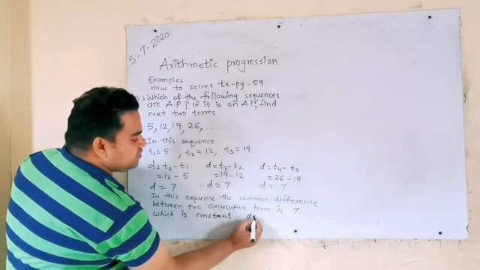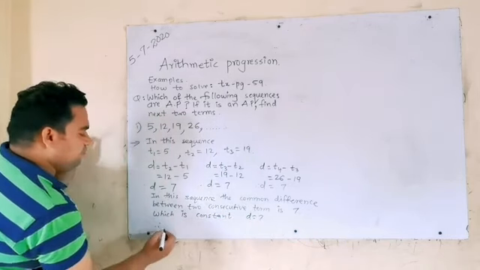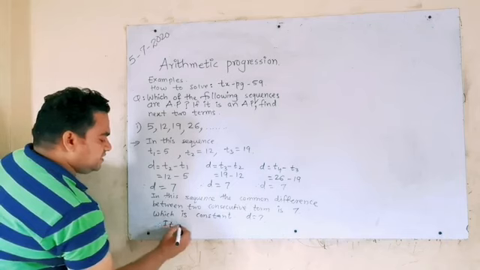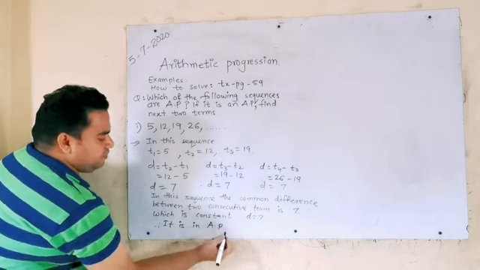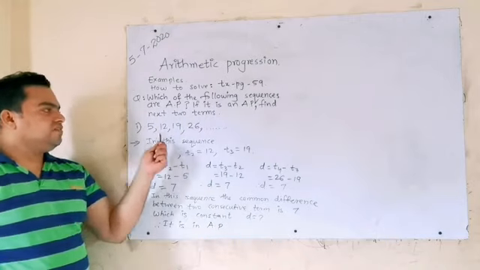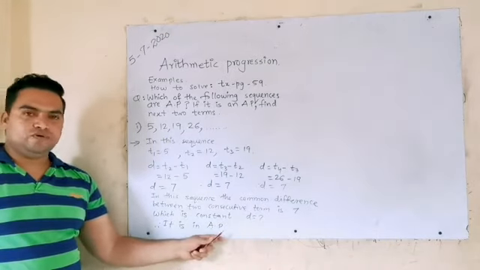It means D is equal to 7. Therefore, this given sequence is in arithmetic progression.